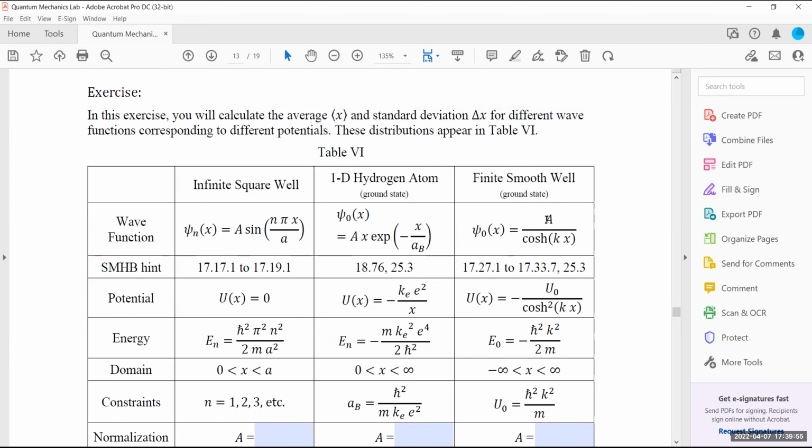Anyway, this is another type of potential, which is a finite smooth well given by the cosh, okay? The hyperbolic cosine function. In other words, it's going to be 1 over cosh, I should say. The cosh blows up on both sides, basically on x going to negative infinity.